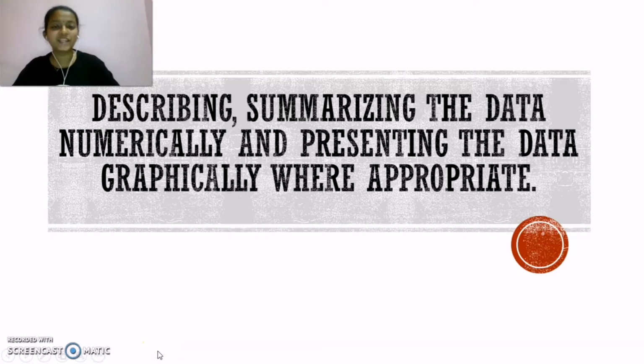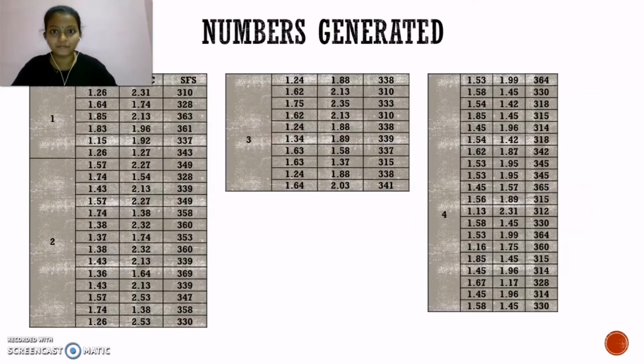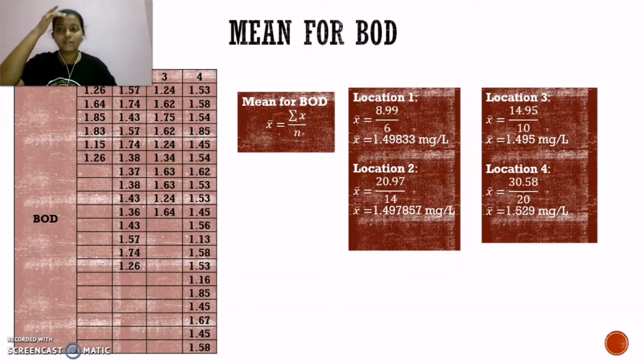Hello everyone, my name is Zahira Makaraju and I will be explaining B part 1, which is describing the data and presenting the data graphically. Following will be the numbers generated from my team for the 3 samples BOD, DOC and SFS. In order to plot the graph, we need to find the mean, standard deviation and the variance for all the 3 samples by using their respective formulas.